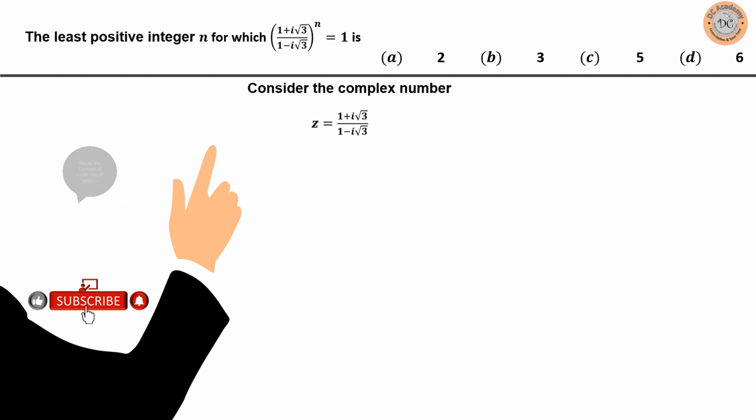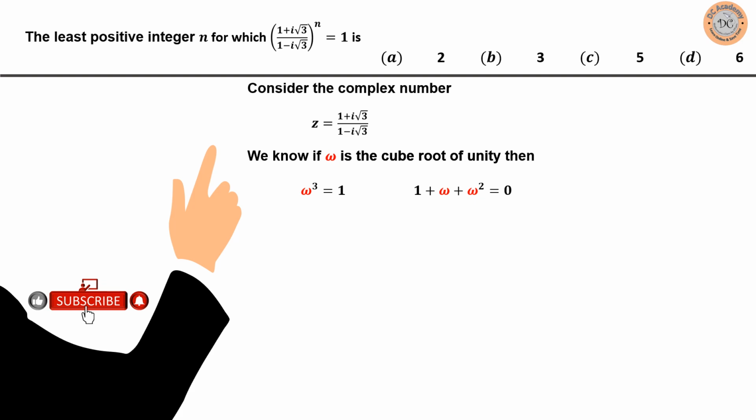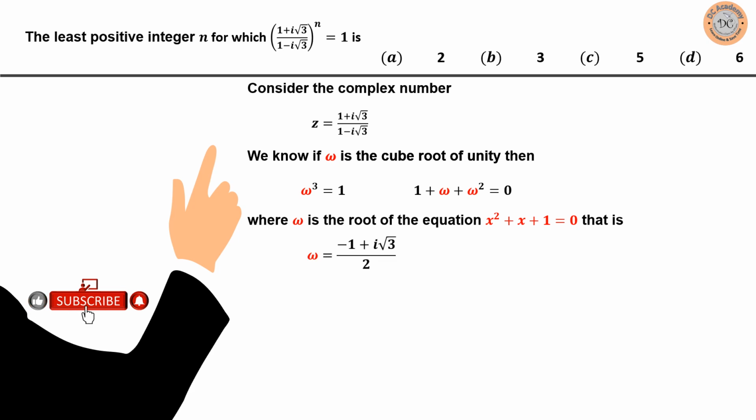If omega is the cube root of unity, then omega cube must be equal to 1, 1 plus omega plus omega square must be equal to 0, and omega is a root of the equation x squared plus x plus 1 equals 0. Hence, omega will be minus 1 plus i root 3 divided by 2, and omega squared, obviously, is its conjugate.